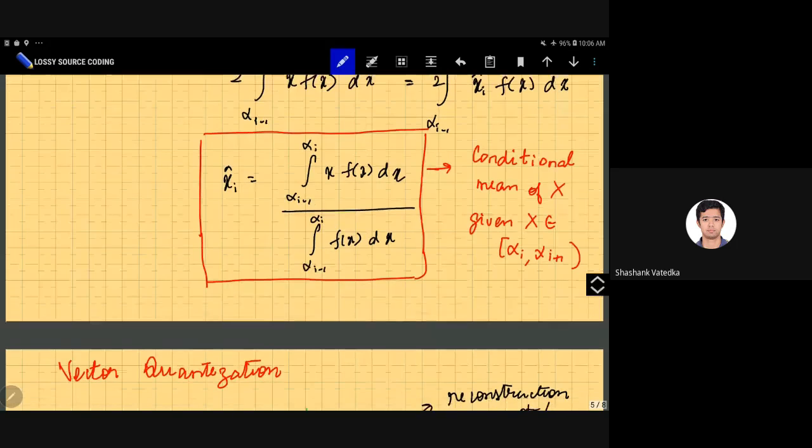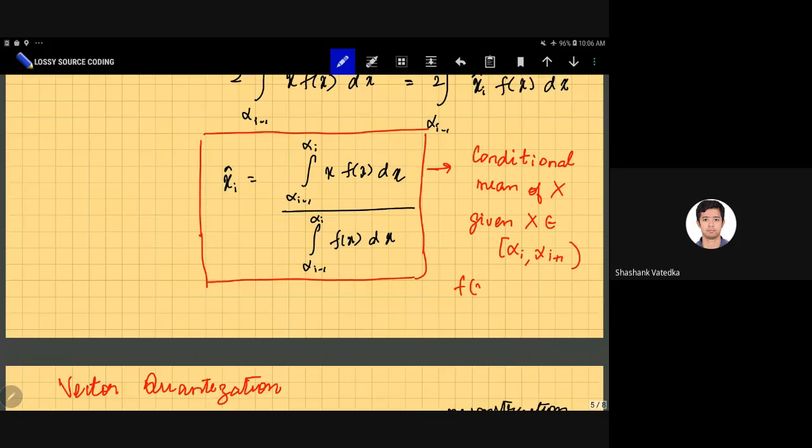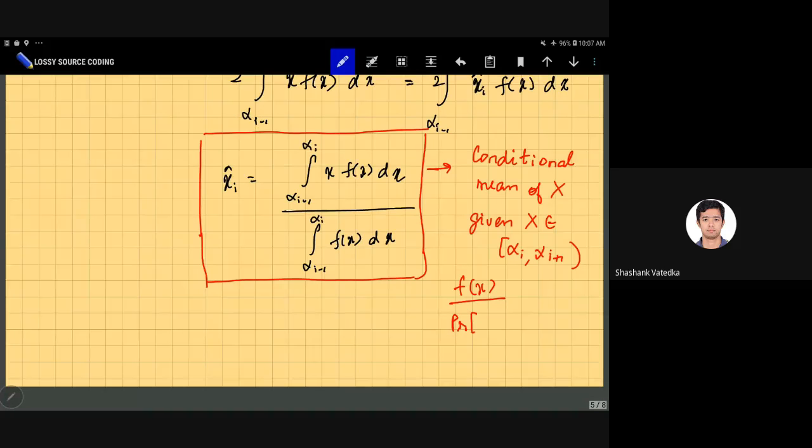Note that the denominator is basically the probability that x lies in that interval. So the conditional probability density function of x given that x is in the interval is just f of x divided by the probability that x lies in the interval, and the conditional mean of x given that x lies in this interval is basically this.